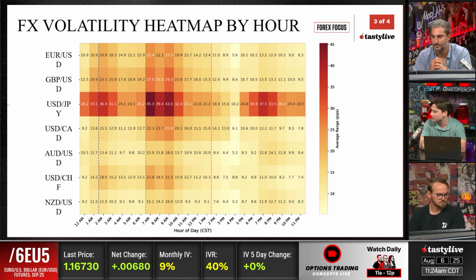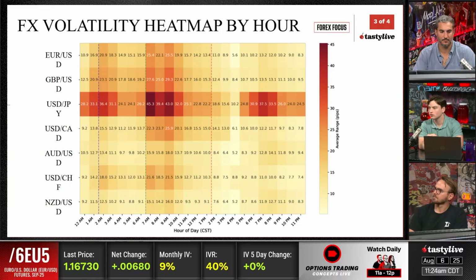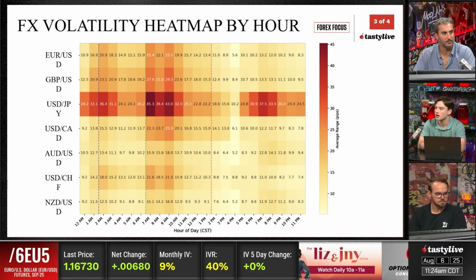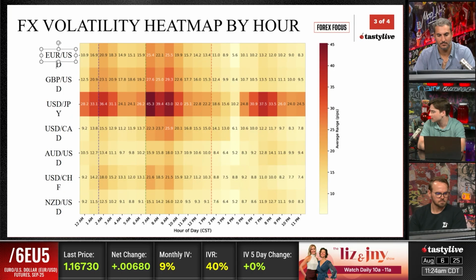That was surprising to me that we don't have as gradual volatility, these are all U.S. dollar pairs, and the fact that it doesn't continue as smoothly throughout the U.S. session, a bit surprising to me.